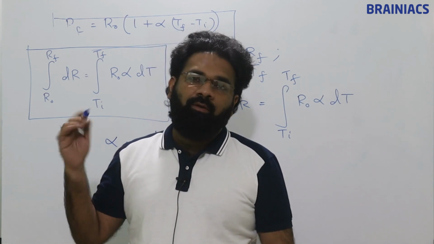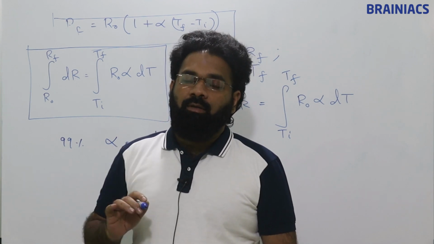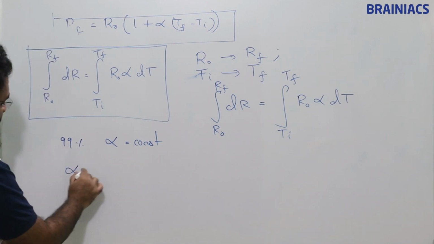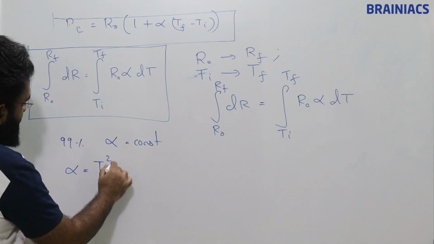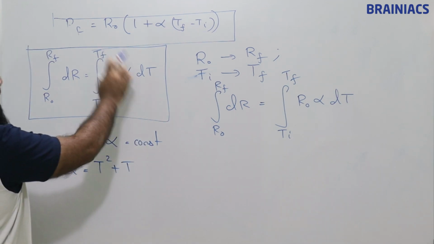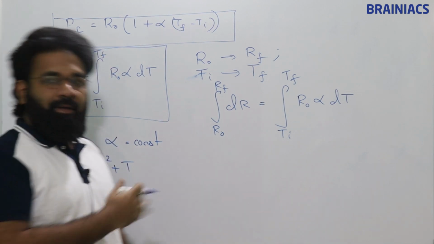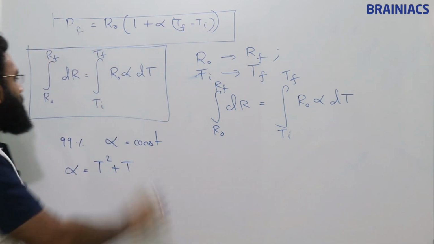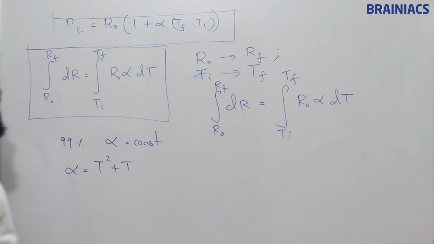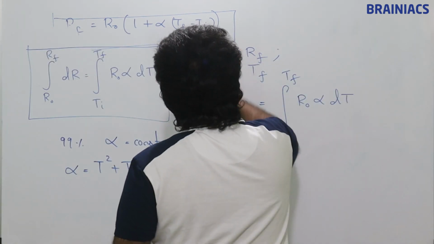But we get questions where alpha is constant. If they give a question where alpha is a function of temperature, like T square plus T, then we will have to put that equation here and integrate to get the answer. So the formula in this form is also important. Now we will consider alpha as constant and proceed further.